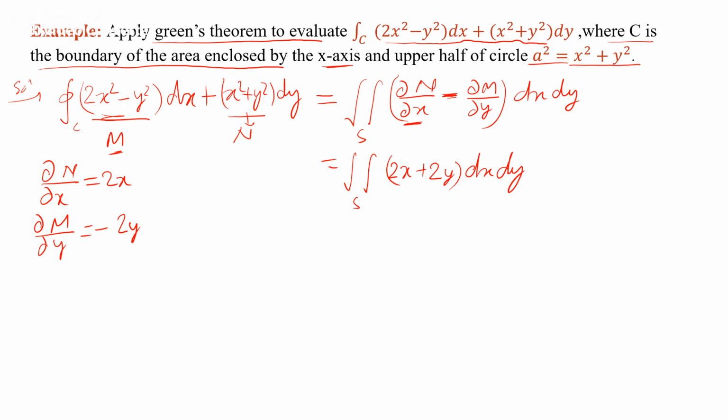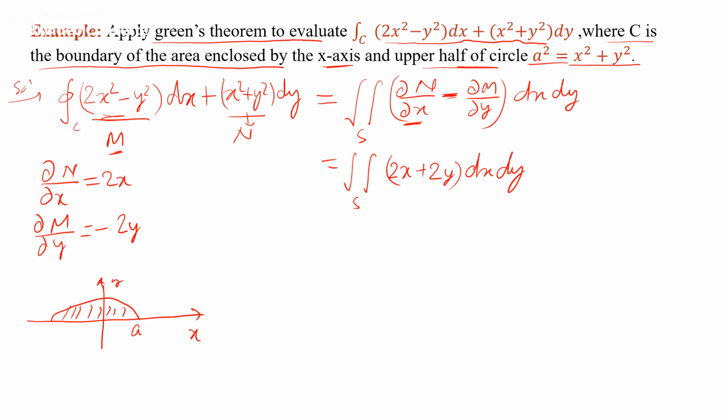Now apply the limits. If you see the region here, we have been given the x-axis and the upper half of the circle. So if we draw a circle, that's the y-axis, and that's the upper half.